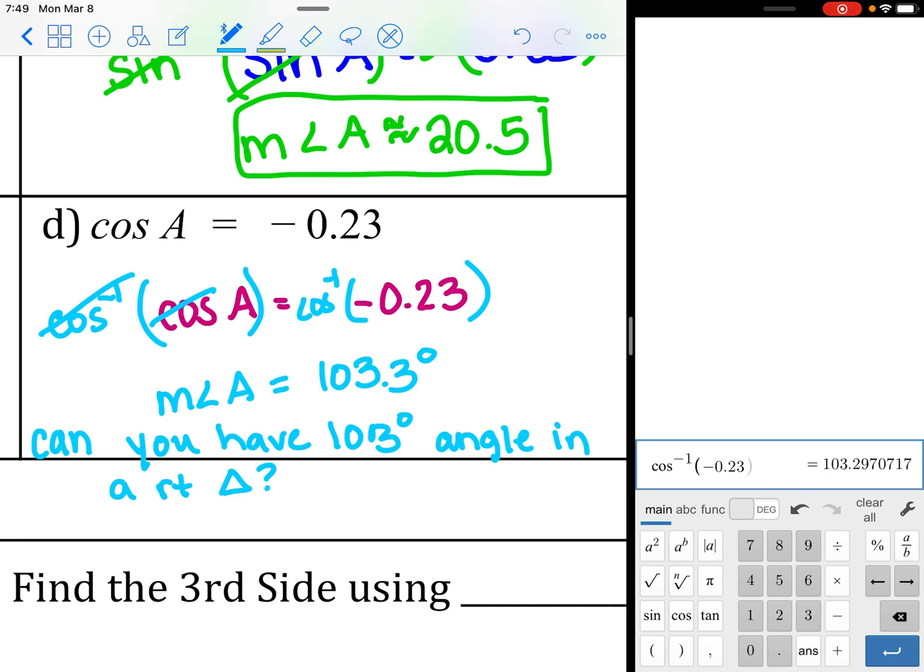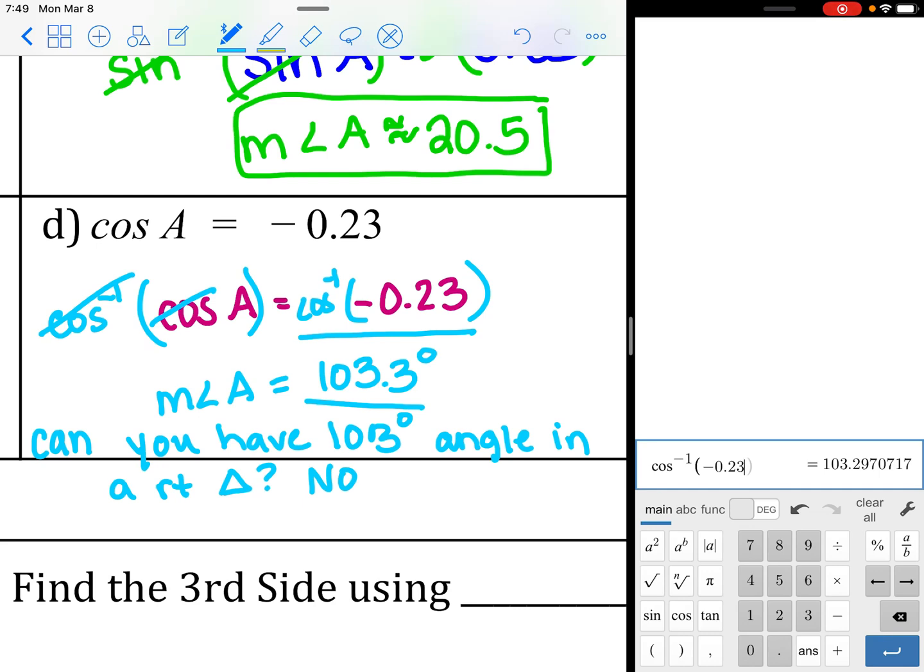So if you think about this, the total sum of a triangle is 180 degrees. If one of the angles is a 90 degree angle in a right triangle, the other two have to add to get 90. There's no way that you can have a 103 degree angle. So if you are finding the cosine of something that is negative, that is not going to be part of a right triangle.